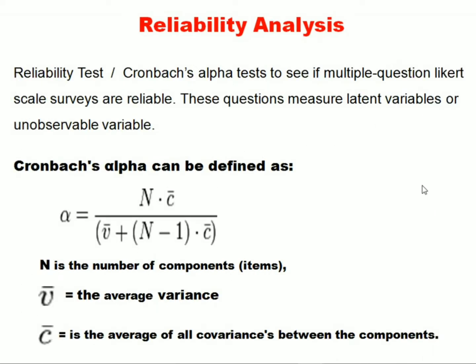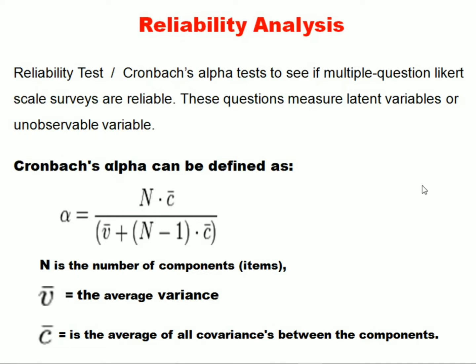Reliability is tested using Cronbach's alpha to see if multiple-question Likert scale surveys are reliable. These questions measure latent variables, or unobservable variables.